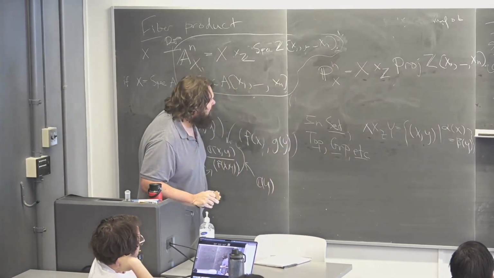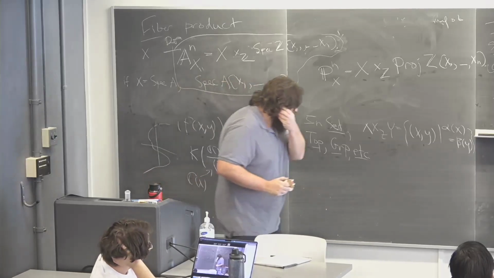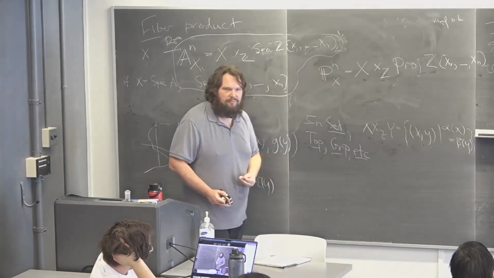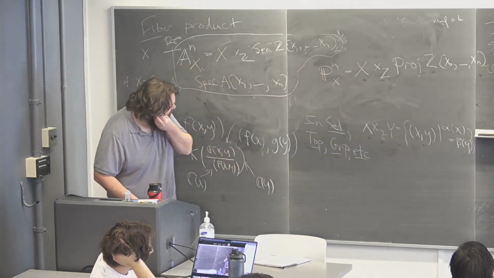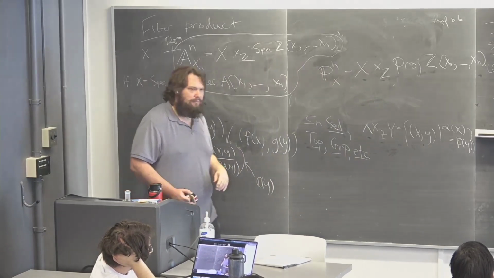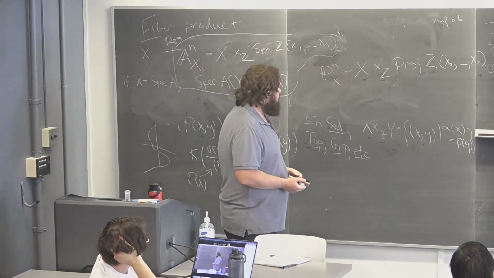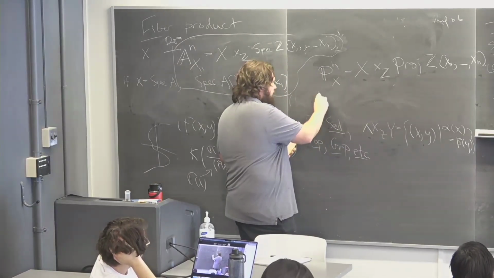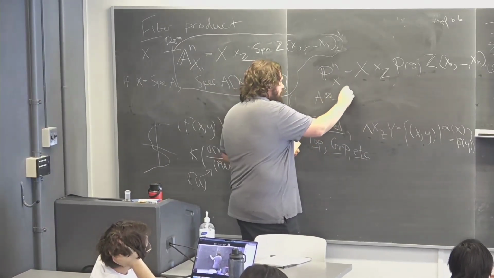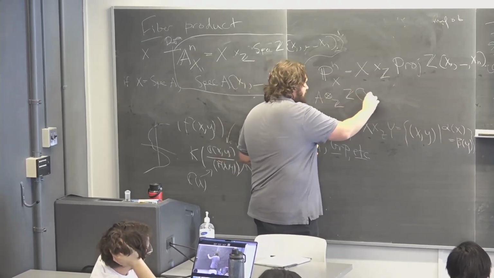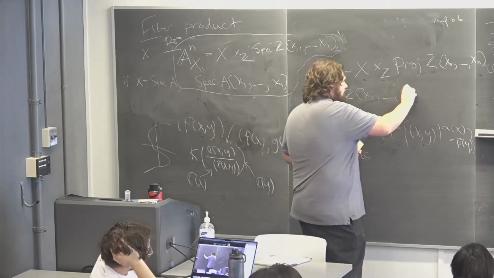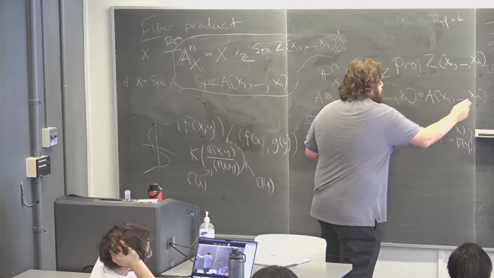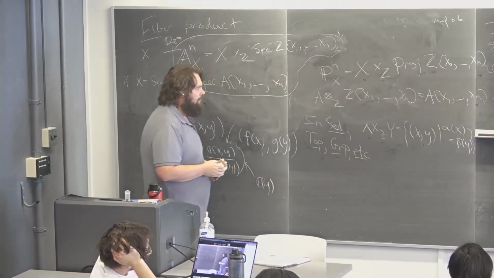Why are we using Z? Because that's the initial object in the category of rings. Right, because this gives us the right definition for any algebra A: A tensored over Z with Z adjoin x_1 up through x_n is A adjoin x_1 up through x_n.